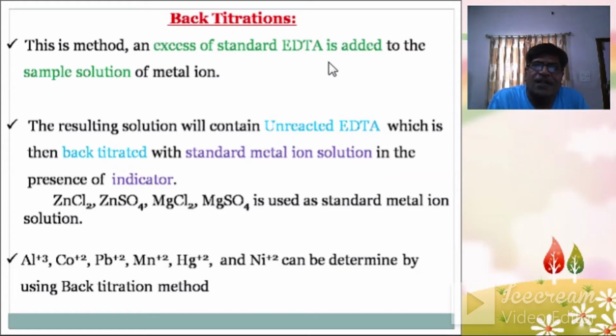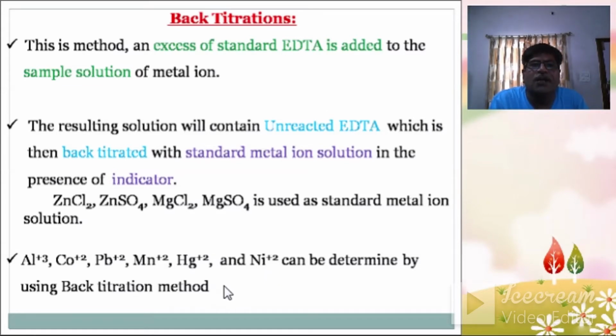The resulting solution will contain unreacted EDTA, which is back titrated with standard metal ion solution in the presence of indicator. Zinc chloride, zinc sulfate, magnesium chloride or magnesium sulfate is used as the standard metal ion solution. Aluminium, cobalt, lead, manganese, mercury and nickel can be determined by the back titration method.